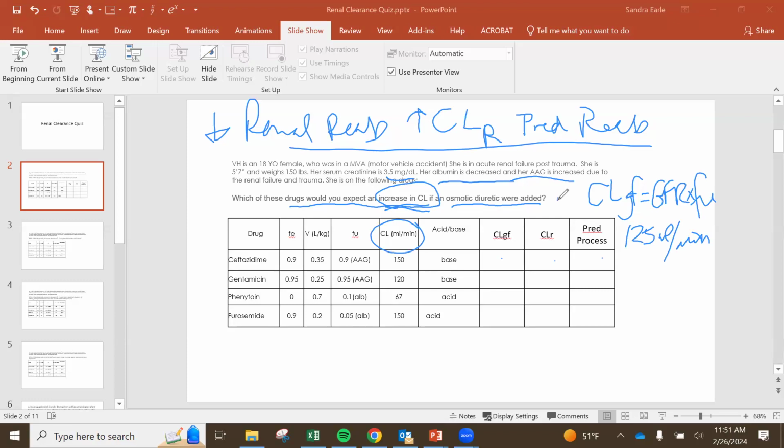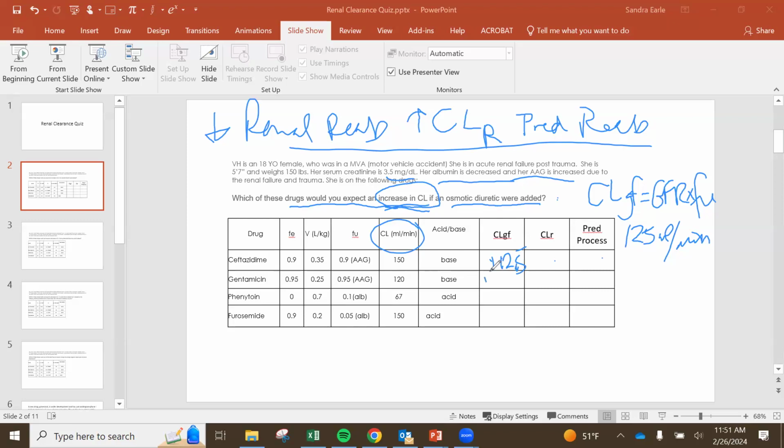So for ceftazidime, it's going to be 125 mils per minute times what's unbound, which is 0.9. So it's very highly unbound, not very highly bound. So this is going to be 112.5 mils per minute. And for gentamicin, it's 125 times 0.95, even more highly unbound.